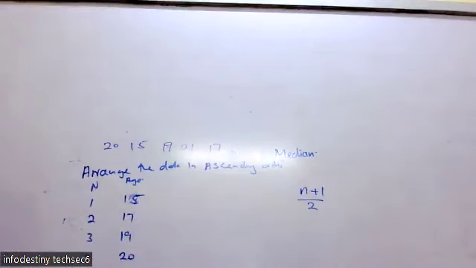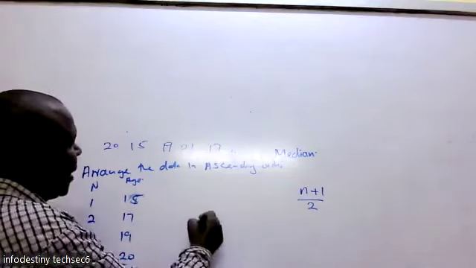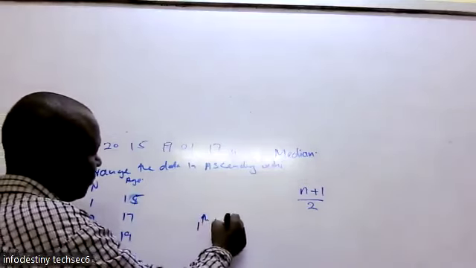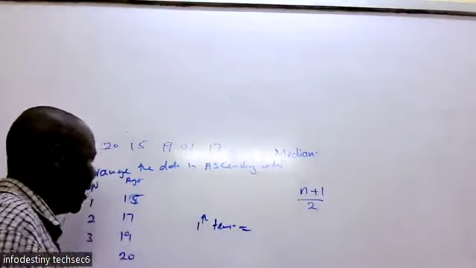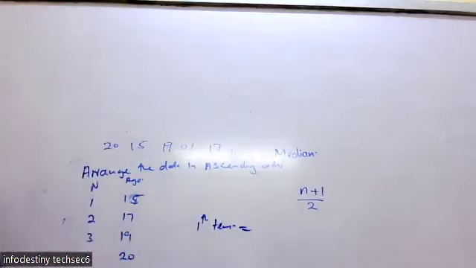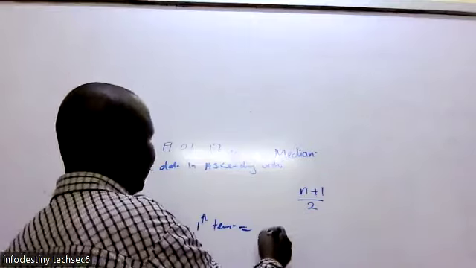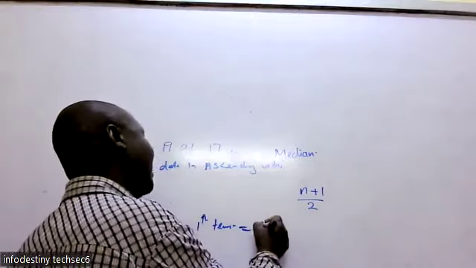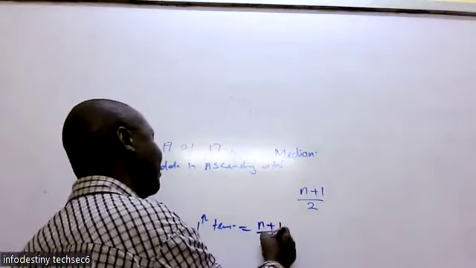Now we want to get the midpoint, the value which appears in the middle of this data. We are together. So we say the item will be equal to, now we check: is it an odd number or an even number? It's an odd number. So the median will be equal to n plus 1 divided by 2.